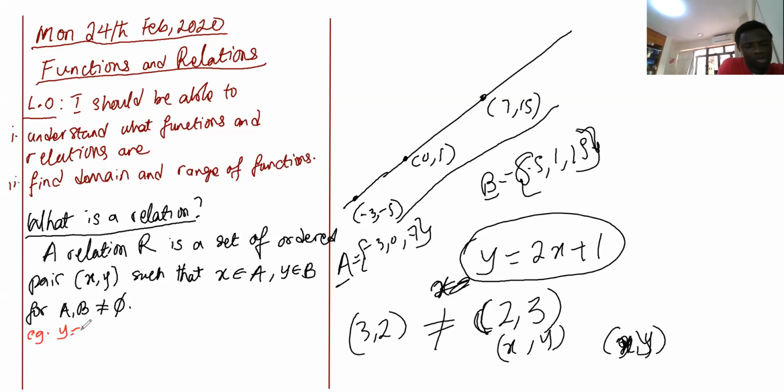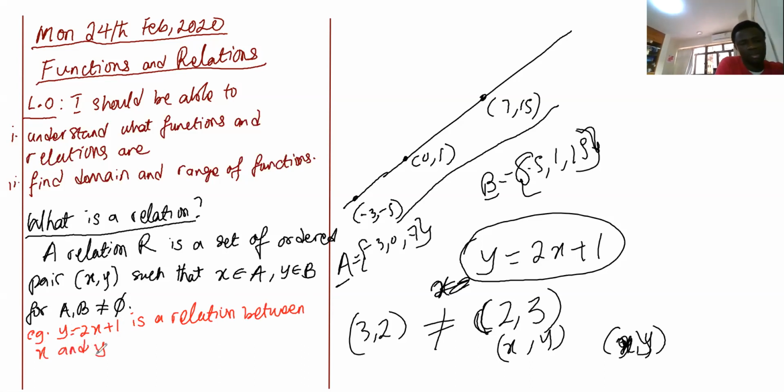So for example, let's put it in context: Y equals 2x plus 1 is a relation between X and Y, because R, that's the relation R, contains something. What does it contain?